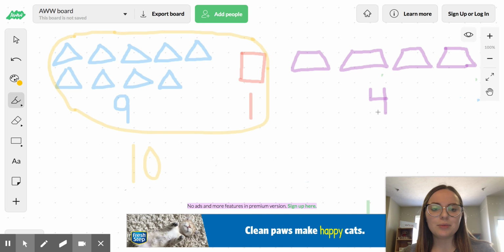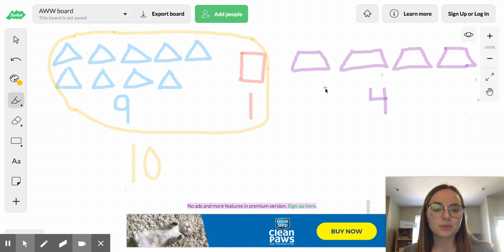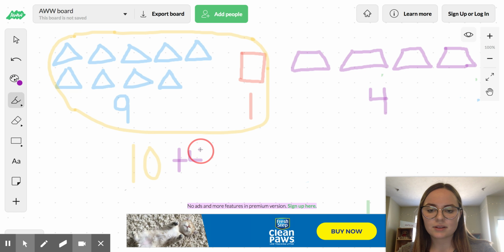So now how many more shapes do we have to add on? We still have to add the purple trapezoids. So we have to add 4 purple trapezoids. Now take a moment to think to yourself, what is 10 plus 4? You're right, it is 14.